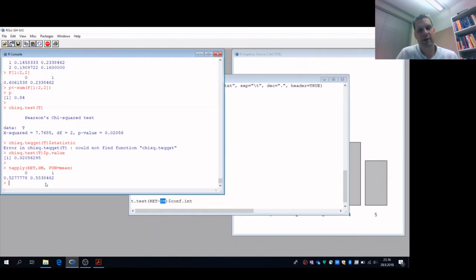These are the estimates for mu 0, and this is the estimate for mu 1.